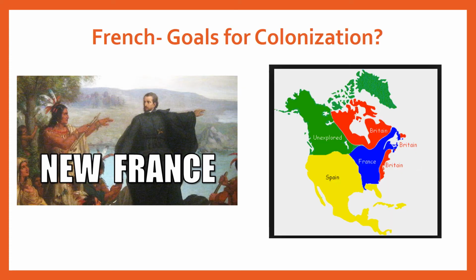Enter France. We're pretty much talking about Spanish and Portuguese up to this time. And then France is the next to talk about colonization. And they are a little bit different. They're not near as aggressive towards the Native Americans.